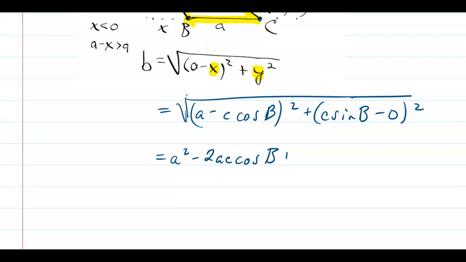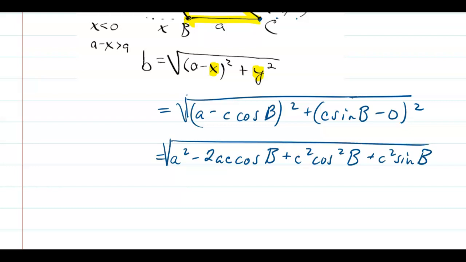Interesting, that looks familiar. c squared cosine squared b plus c squared sine squared b. And this is all under the radical. This can be rearranged a little bit.